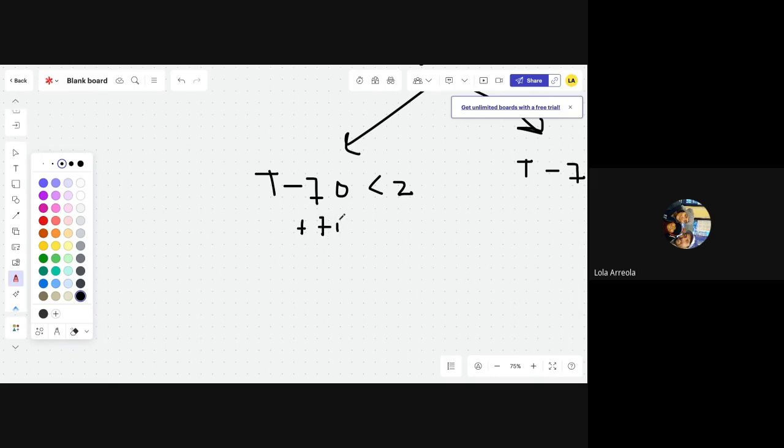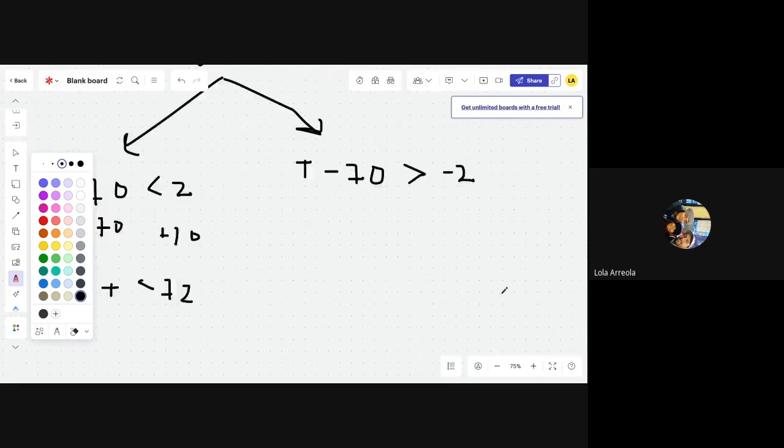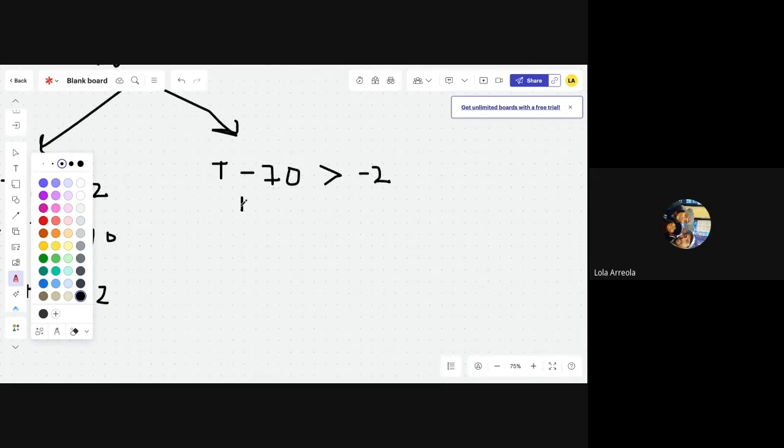Plus 70, plus 70. I have t is less than 72. Over here, plus 70, plus 70. T is greater than 68.